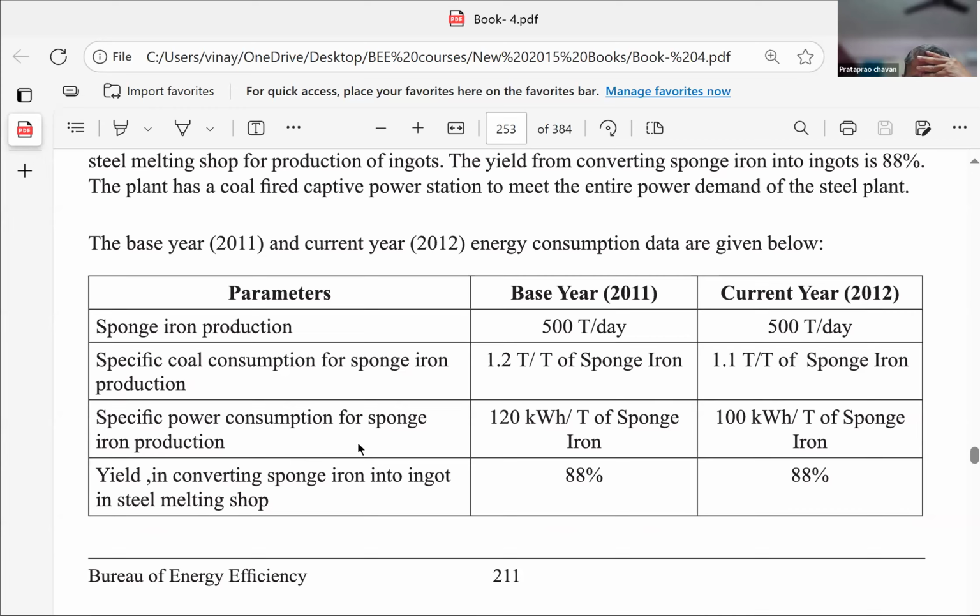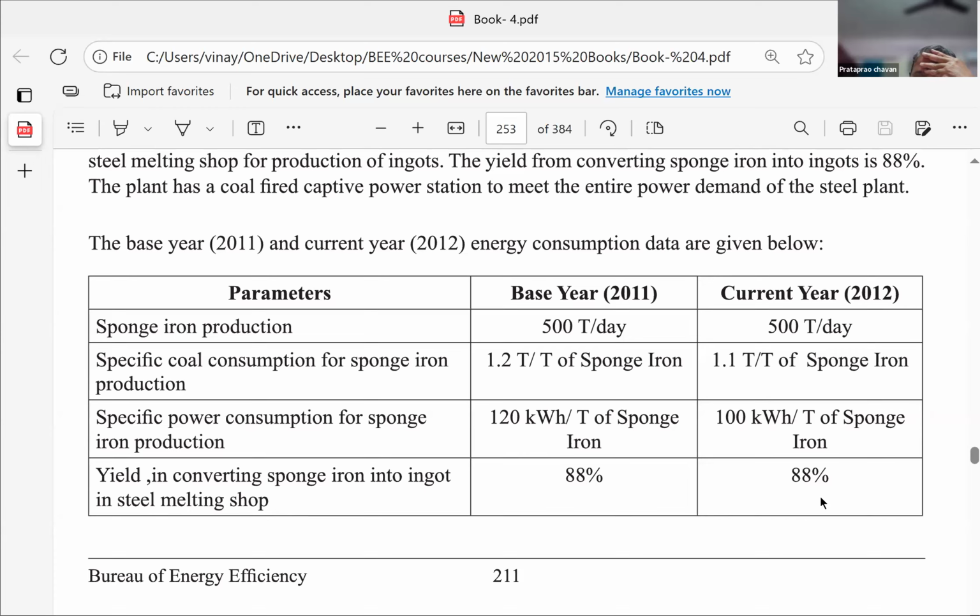Specific power consumption will obviously also go down because you have improved it here. So instead of 120 kWh, 120 units per ton, they have now achieved 100 kWh per ton of sponge iron. Yield in converting sponge iron into ingot in the steel melting shop remains the same.